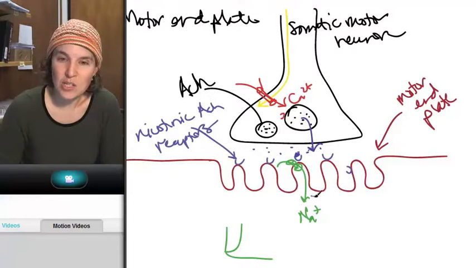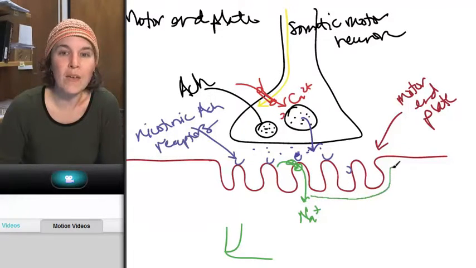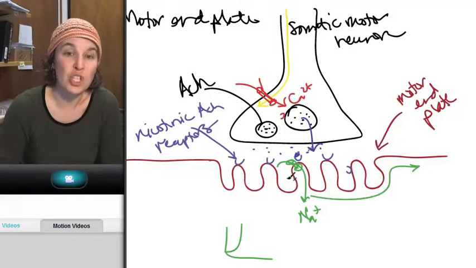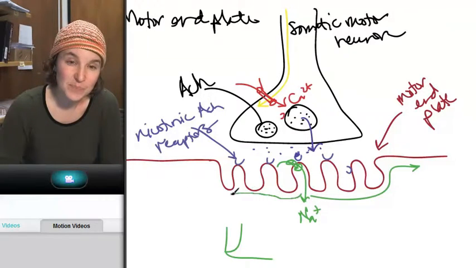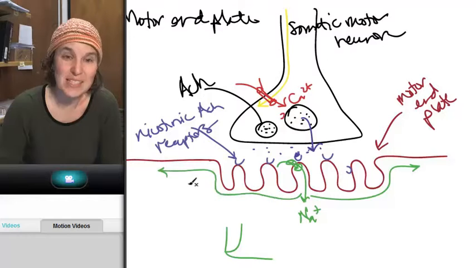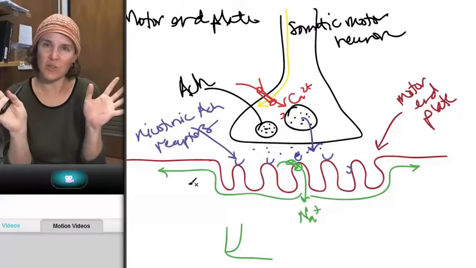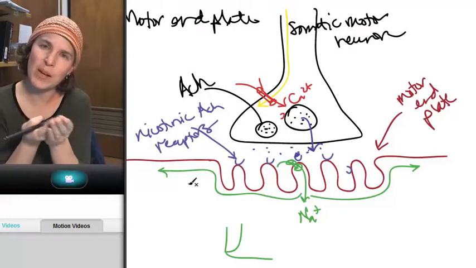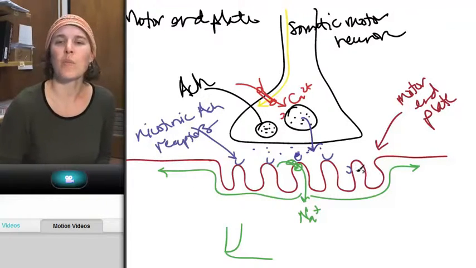That depolarization is just a wave of membrane potential change that zips down the entire skeletal muscle cell membrane, the sarcolemma.